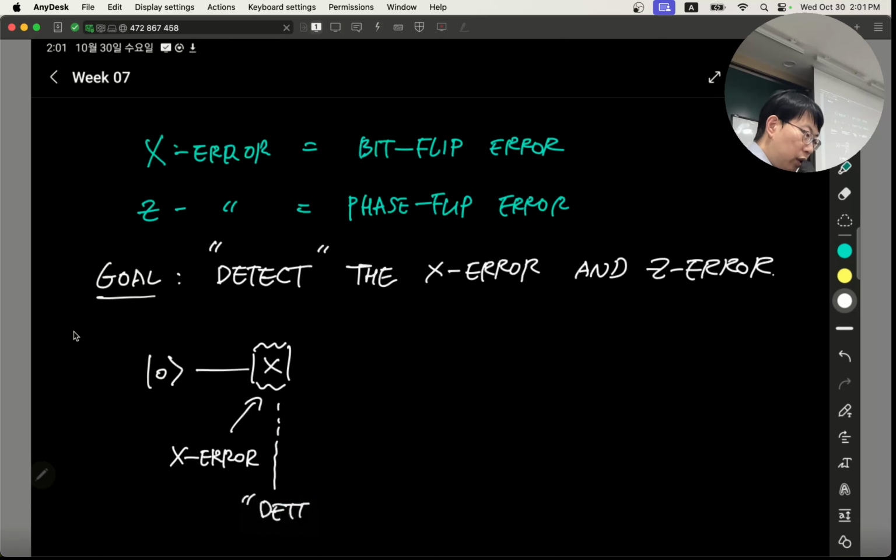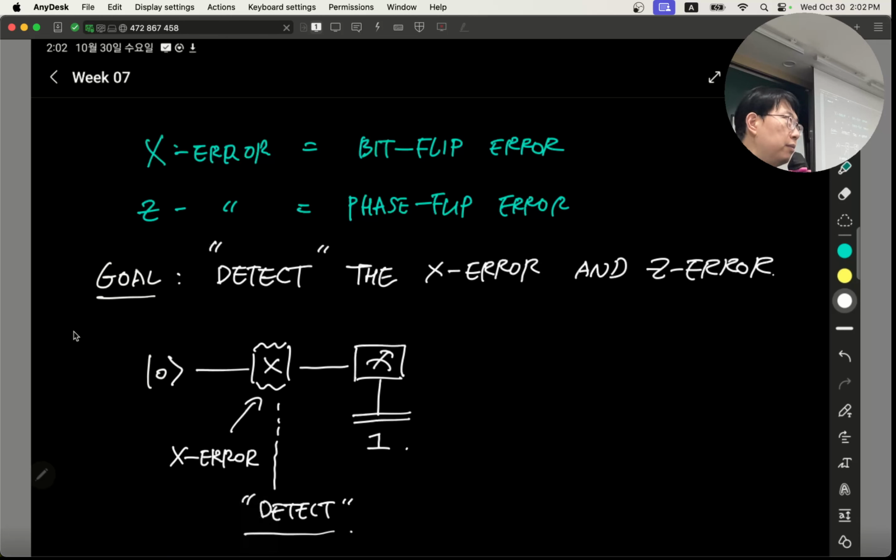I'll talk about how you detect an error next time, but let's assume that you detected an error and there is no other operator in the circuit, just a plain circuit. Even if you detect an error, you don't throw a gate into your circuit to correct it. You just leave it there.